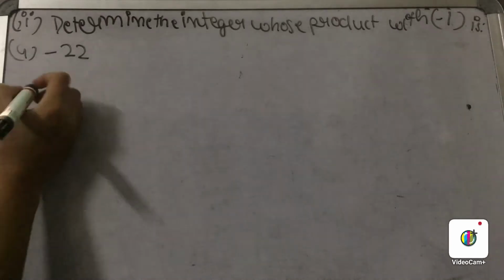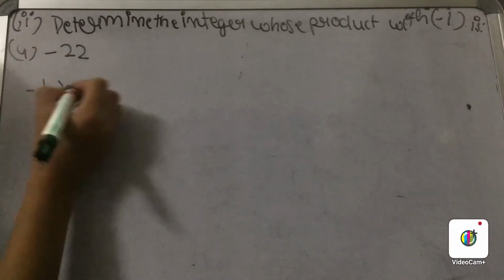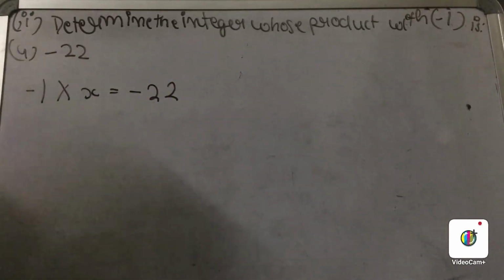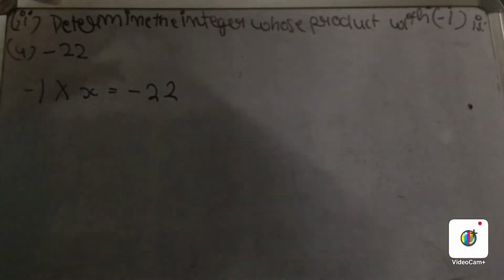Like this. If I write here minus 1 multiply x equal to minus 22, let the integer be x. So I can do it like this, that x equal to minus 22 divided by minus 1.